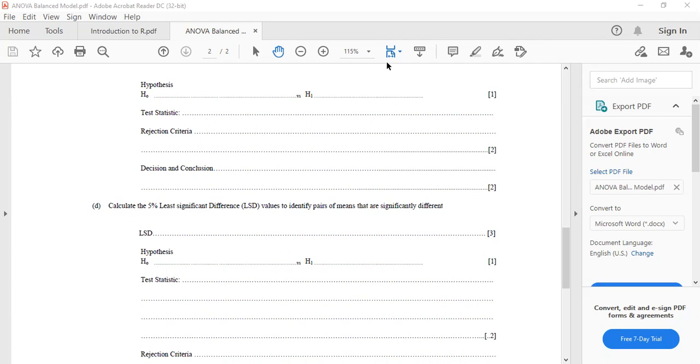Right. So now that means you are going to calculate y bar 1 dot minus y bar 2 dot in modulus, in absolute values.